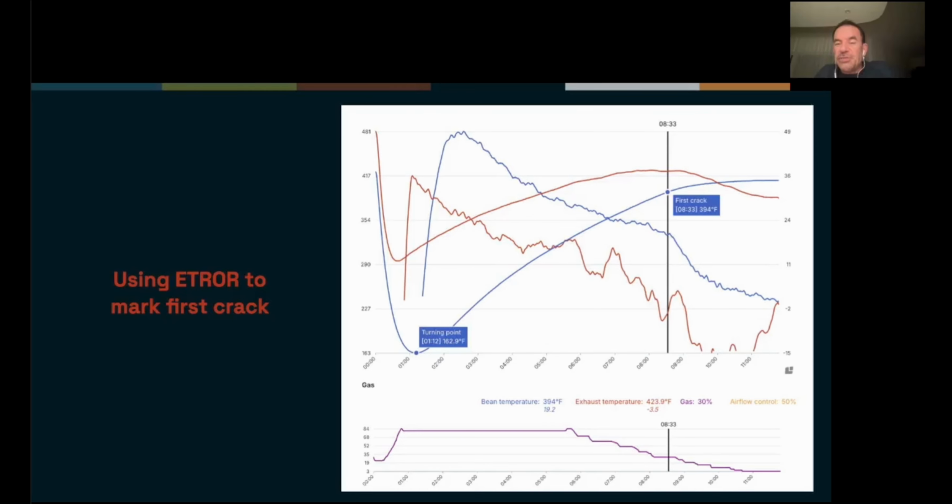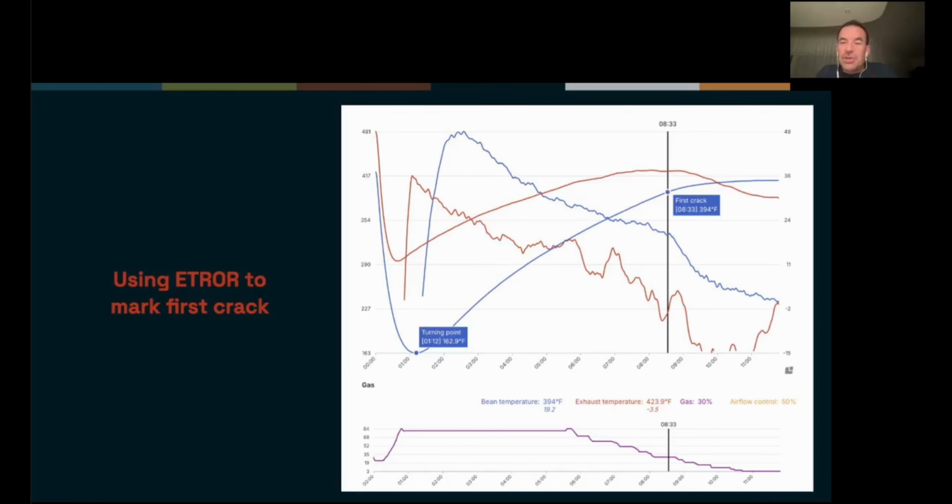The moisture release is gentler and not as concentrated with naturals. So you may not hear it, and the ETROR signal may not be quite as obvious. But the short answer is just do your best. There's no guaranteed way to always know when first crack began in every single type of coffee.